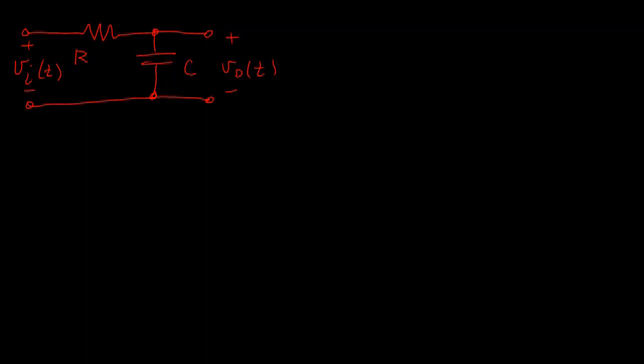Well, first of all, we've got to draw this circuit in the frequency domain. So again, we know the impedance of the resistor is just R, and the impedance of the capacitor is 1 over j omega C. And so we'll go ahead and just draw that using boxes here because we really don't care what the particular values are. We just need to keep track of them.